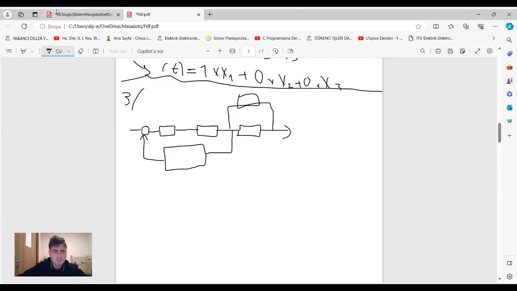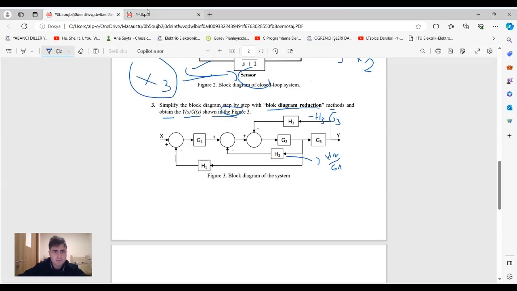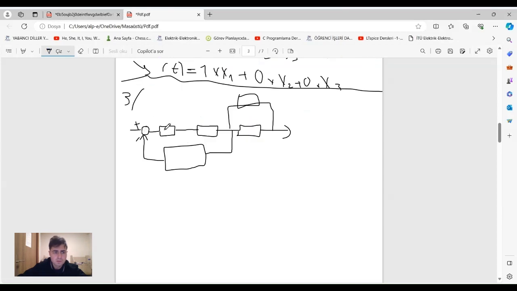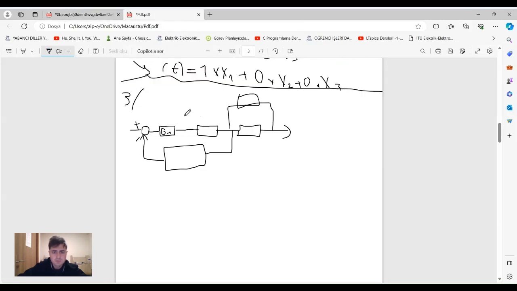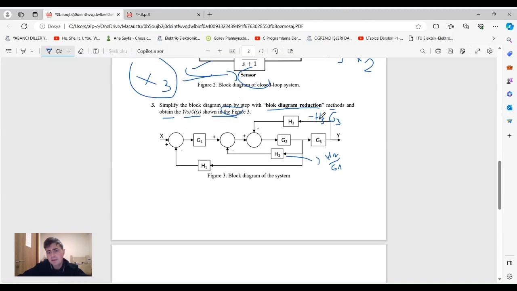This is the minus, this is plus, this is G1. This is G2 and G3, this is the G2 and G3, and this I already said: minus H3 G3.